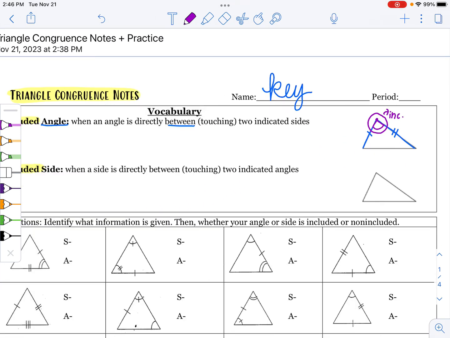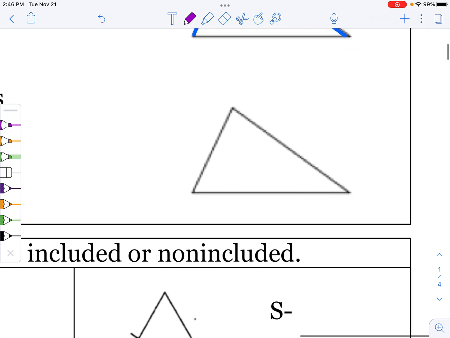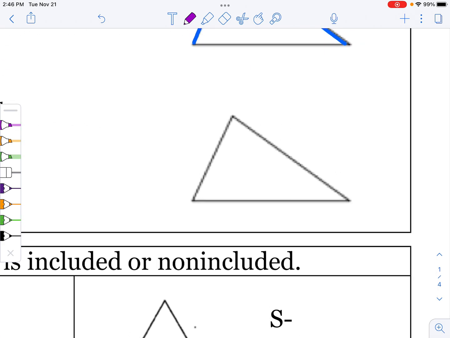So while an angle can be included between 2 sides, we can also have a side that is included between angles. A side is included when it's directly between or touching 2 indicated angles. While I do have 3 angles in this triangle, I'm only going to put congruence marks on 2 of them. Those are the 2 indicated ones.